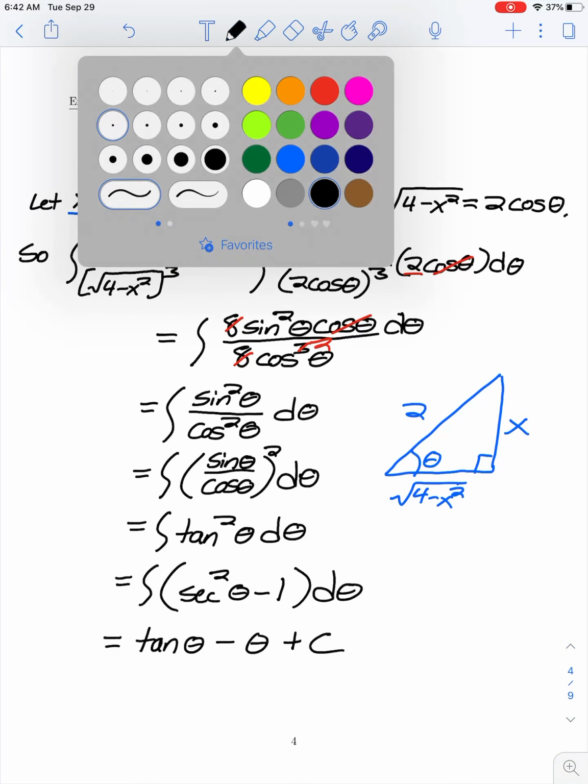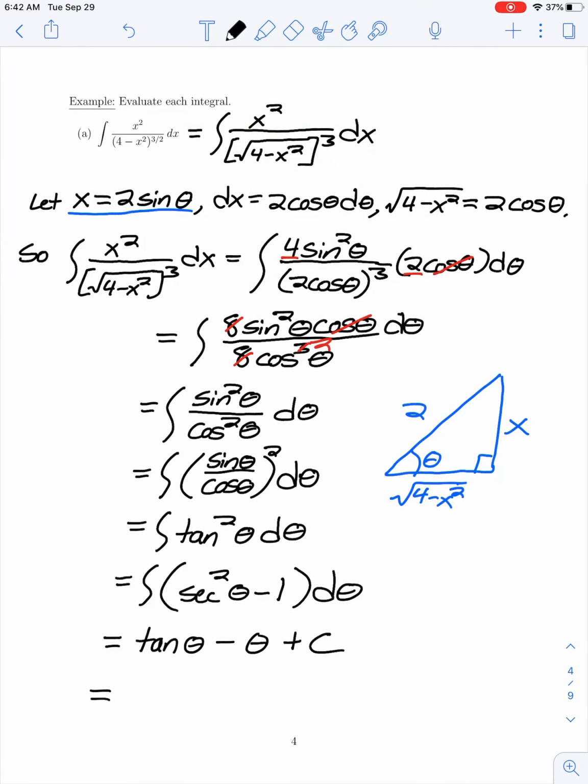So going back to our answer, well, we had tangent of theta, which in terms of the sides of a triangle is defined as opposite over adjacent. So we're going to have x over the square root of 4 minus x squared by looking at our reference triangle, and then minus theta.